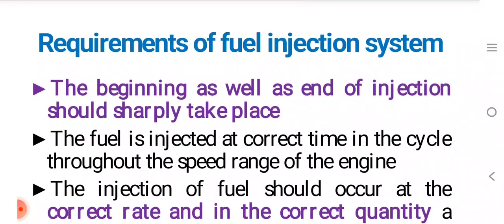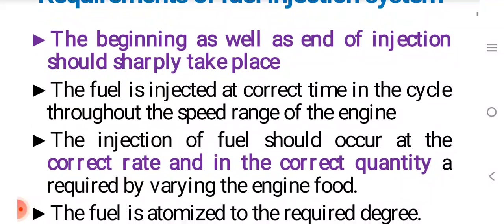These are the requirements of the fuel injection systems. The beginning as well as the end of the injection should take place sharply. The fuel is injected at the correct time in the cycle throughout the speed range of the engine.